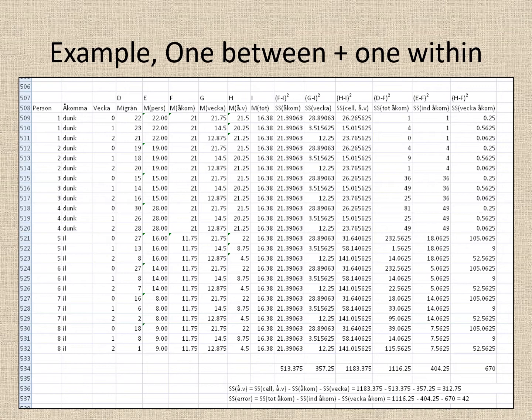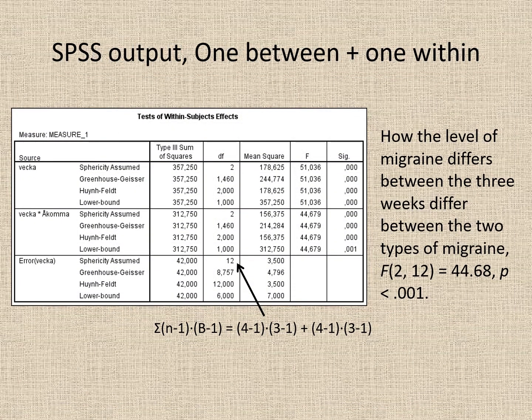What kind of conclusion do we draw about the time point? If it's week 0, 1, or 2. What do we say about the effect of time? The effect of week? There is a difference in average level of migraine between at least 2 of the 3 time points.